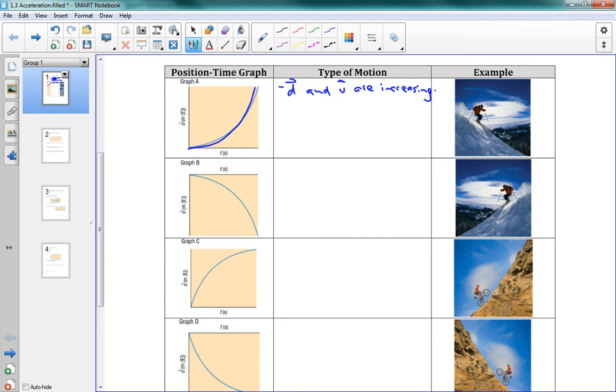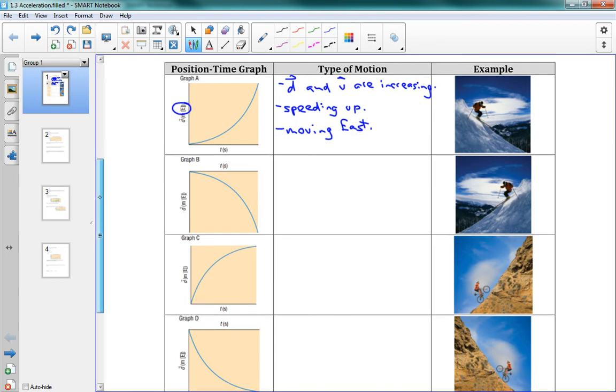We're also getting faster and faster as we go. So we can say that this is speeding up, and we're moving east. Again, the direction comes from the graph here, where it tells us that we're moving east.